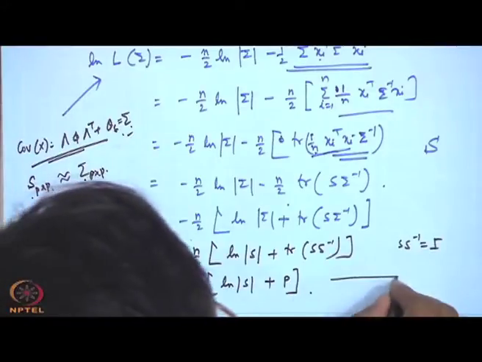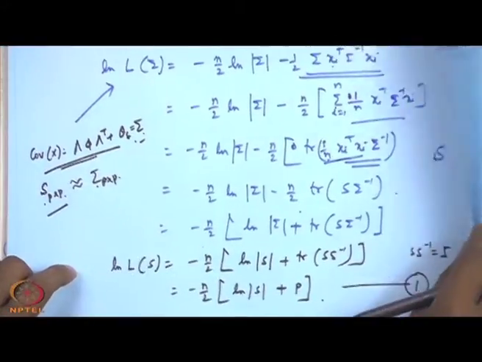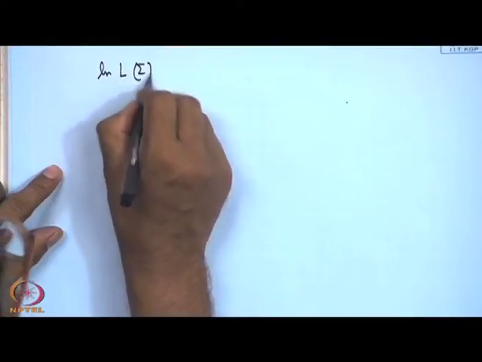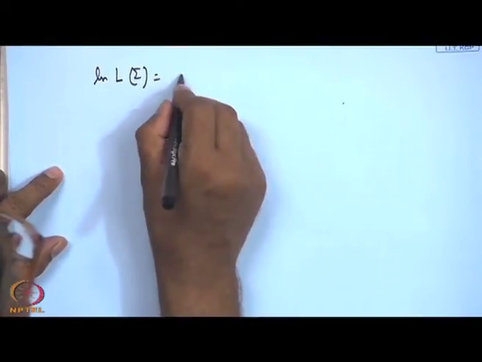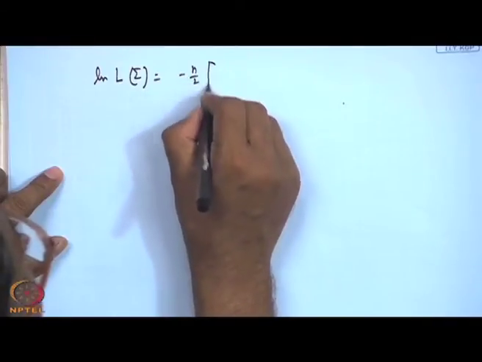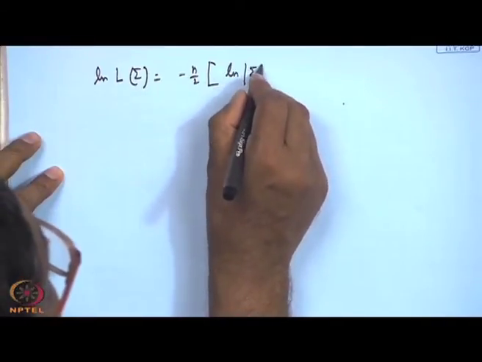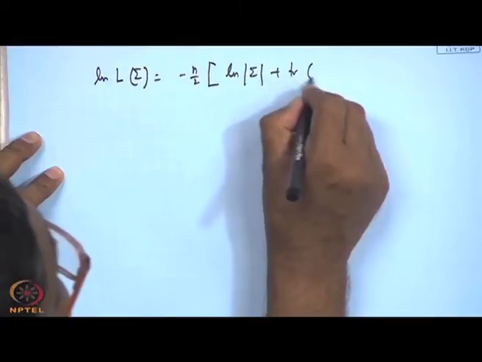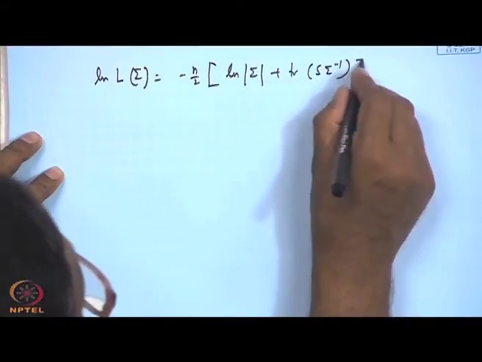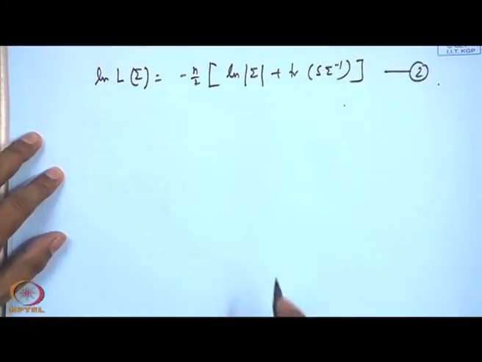Okay. So, this is your equation number 1. Now, another one we have already seen, the likelihood one, equal to minus n by 2 log of this plus trace of this. This is our equation 2.